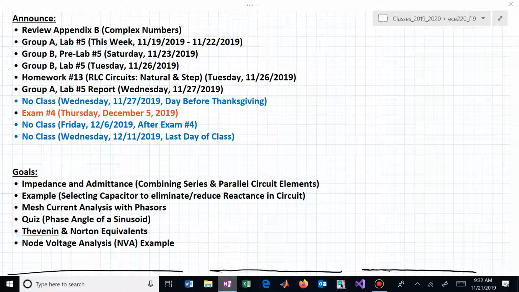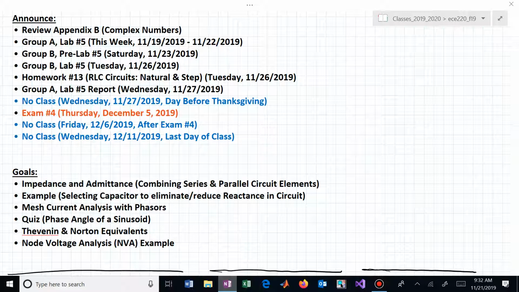That's the plan. And before you take off for your Thanksgiving break, make sure if you're in Group A that you've submitted your Lab 5 report.